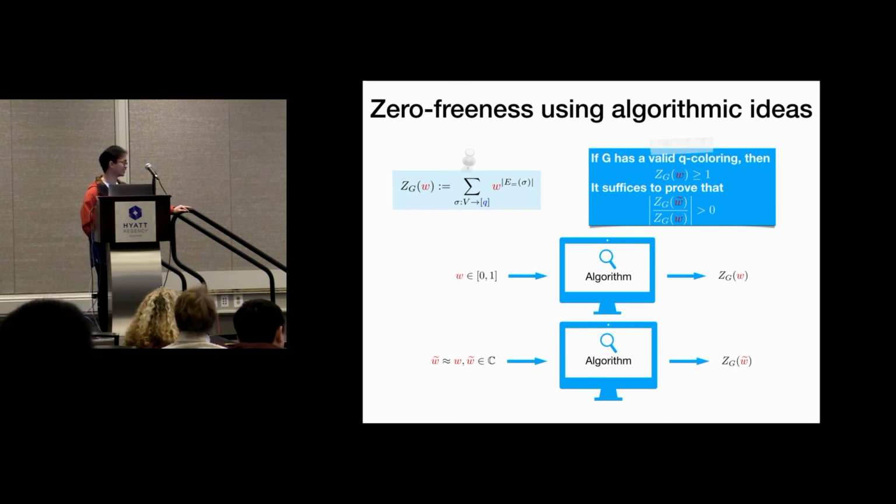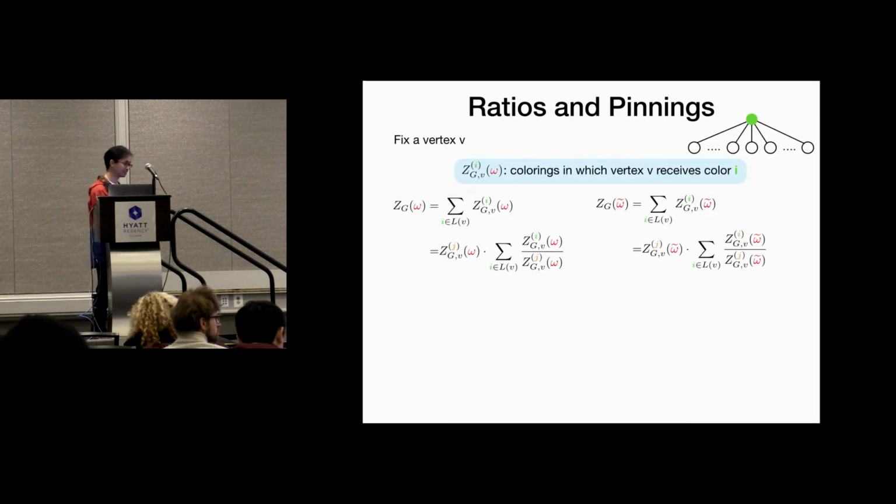If we can compare the trajectory of the algorithm in some way, then we will be able to conclude that when moving to the complex plane, the partition function does not vanish. So what is the algorithm we'll consider?